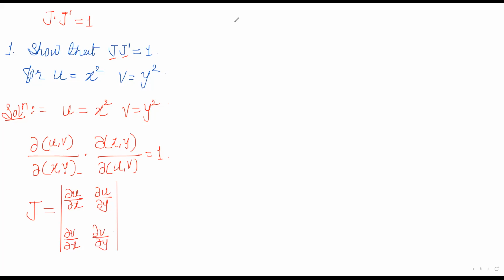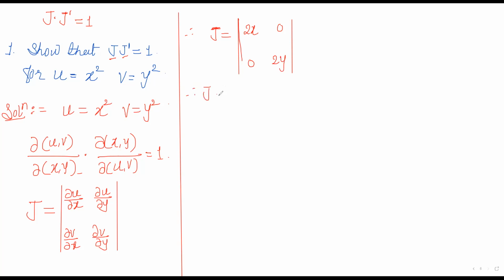Therefore, J is equal to the derivative of u with respect to x, that is 2x. Derivative of u with respect to y, 0. Derivative of v with respect to x, 0. And here it is 2y. Therefore, J is equal to 4 into xy.